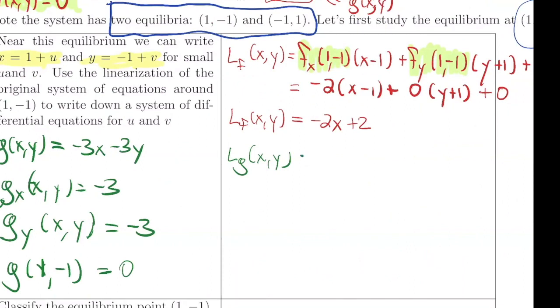And so for the linearization here, I would get the partial of g evaluated at my equilibrium point, which here I would get minus 3 no matter where I evaluate this.